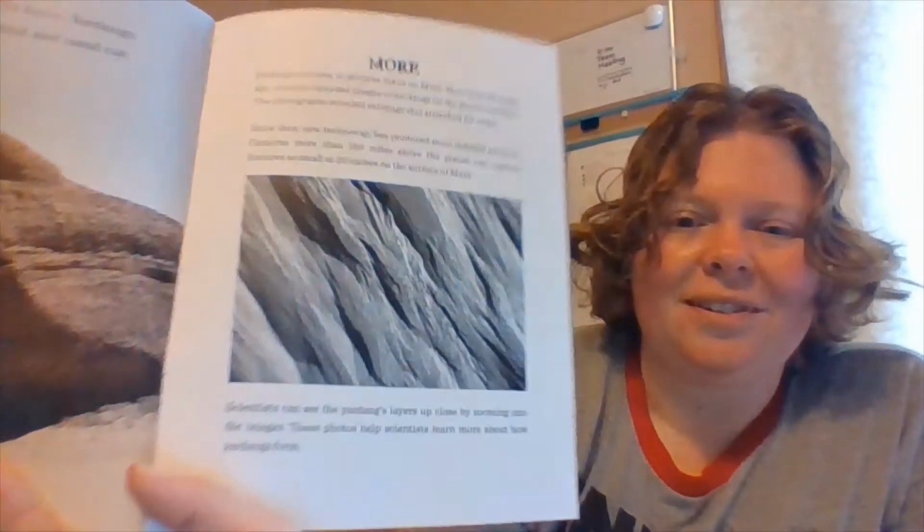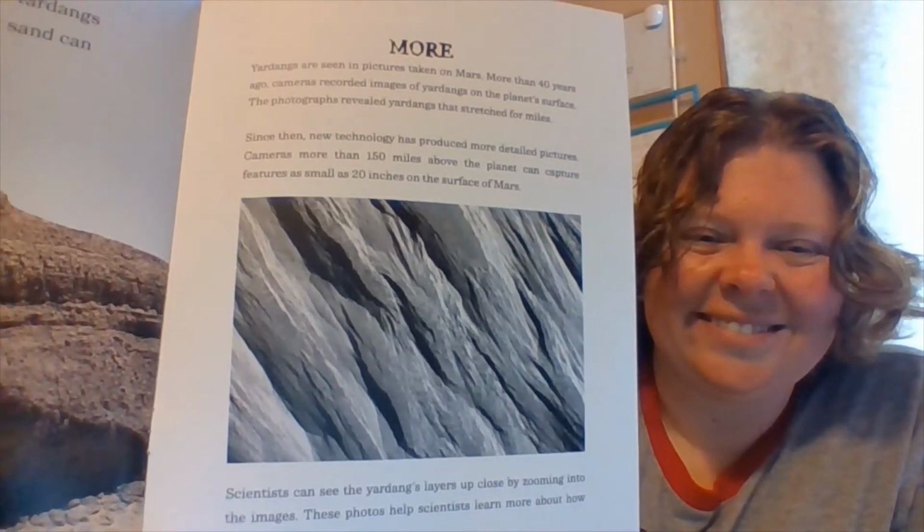Cameras more than 150 miles above the planet can capture features as small as 20 inches on the surface of Mars. Scientists can see the yardangs layers up close by zooming into the images. These photos help scientists learn more about how yardangs form. Pretty cool, huh?